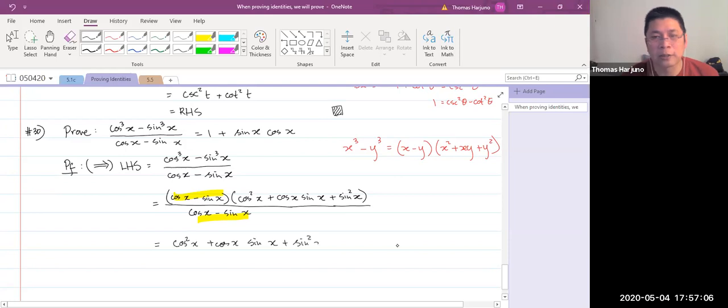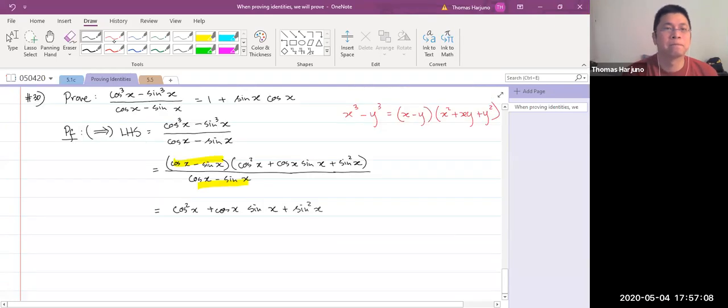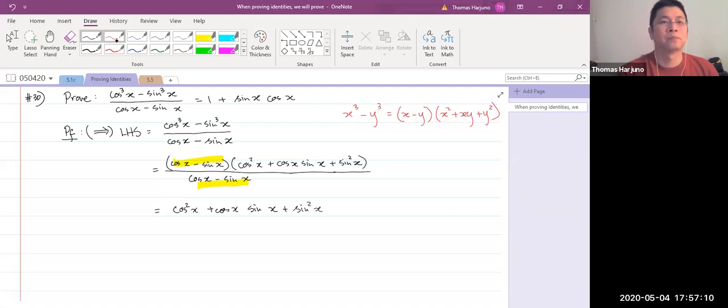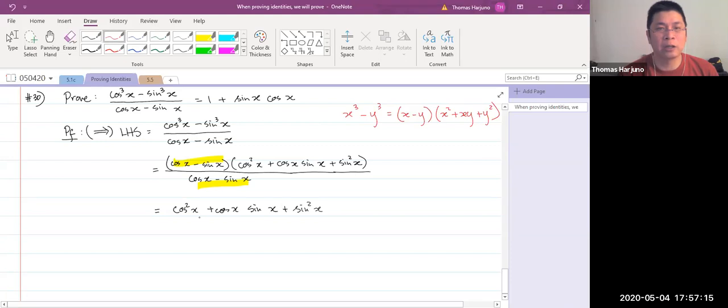And then what next? Notice that cosine squared x plus sine squared x gives you 1. 1 plus, now I will reorder this here just to make Thomas happy, because it's supposed to be sine x cosine x.